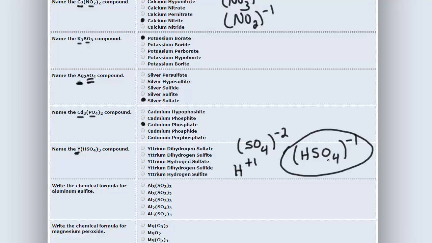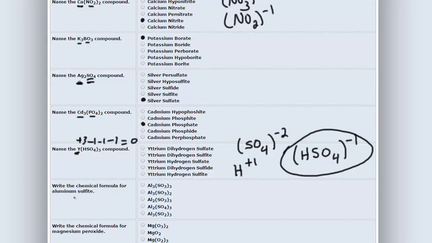Hydrogen sulfate has a -1 charge. So that's how I name HSO4, hydrogen sulfate. Yttrium hydrogen sulfate, and I need 3 of them because yttrium forms +3 ions. So my math equation becomes +3 -1 -1 -1 equals 0.